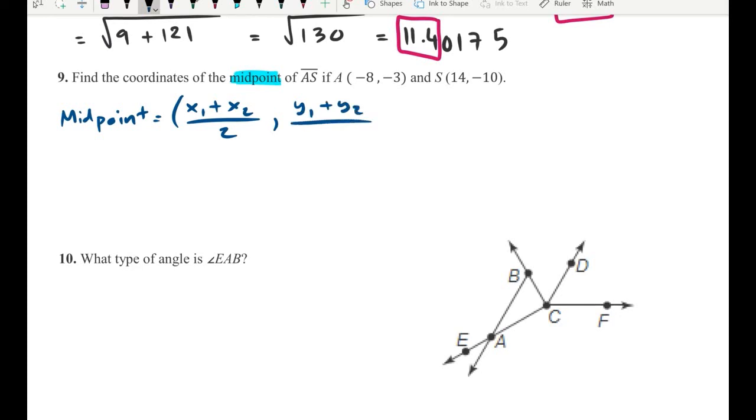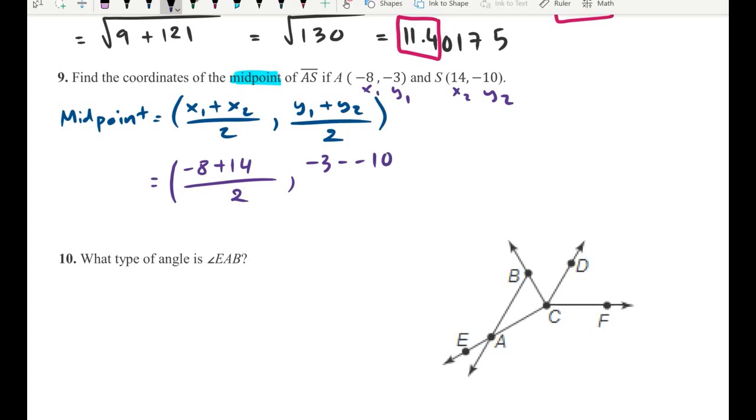That's why we add them up and divide by 2. x1, y1, x2, y2. So x1 is negative 8 plus 14 divided by 2. And negative 3 minus 10 divided by 2.